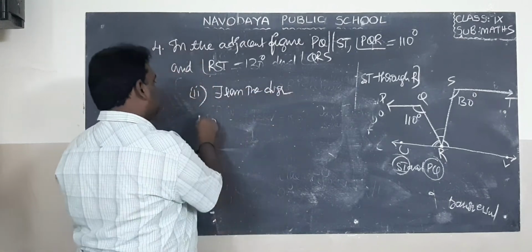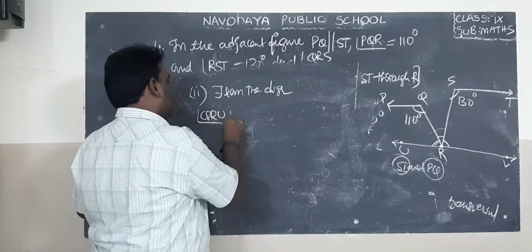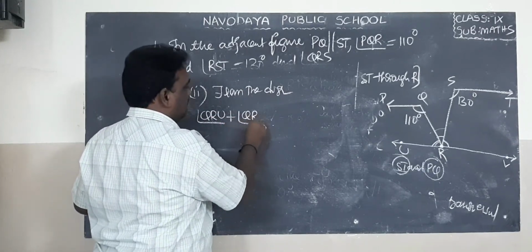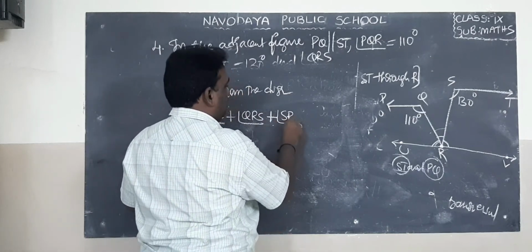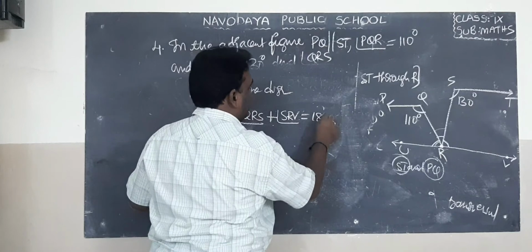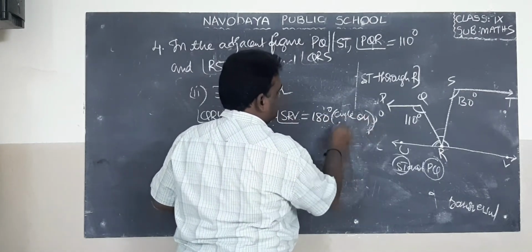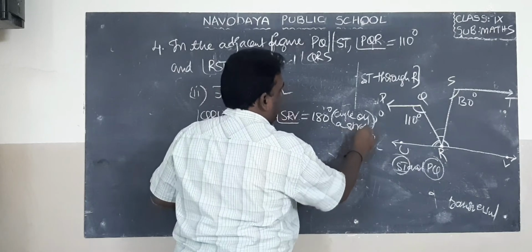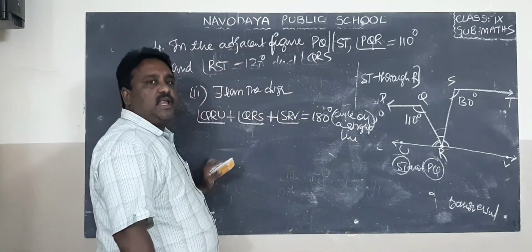First one, angle QRU, second one, plus angle QRS, third one, plus angle SRV equals 180. Reason: angle on a straight line. Angle on a straight line is 180.